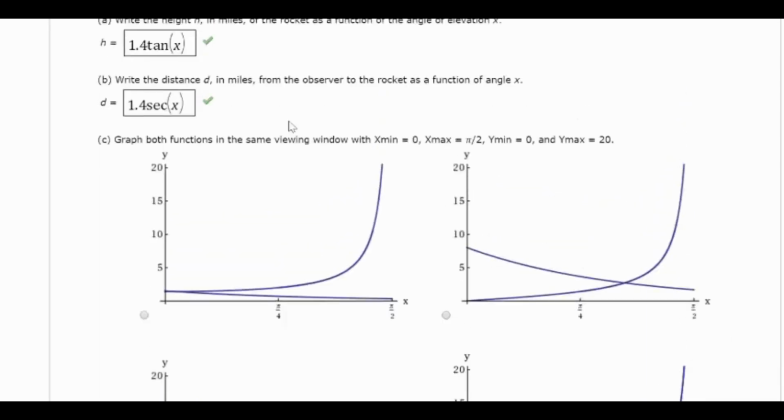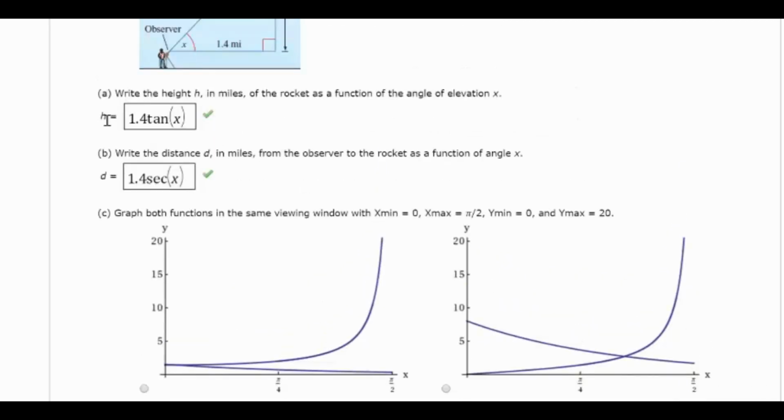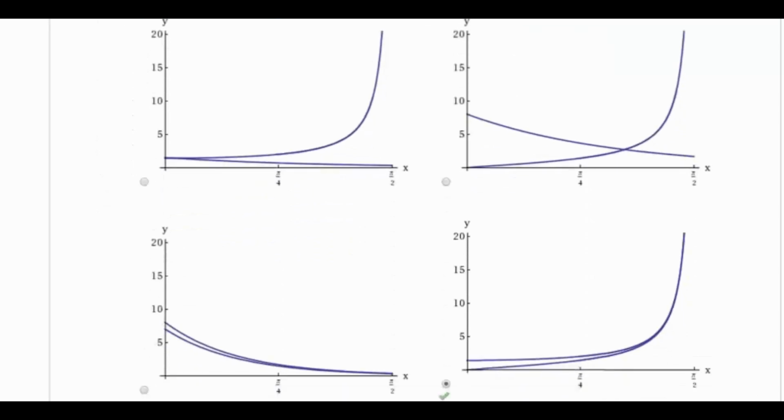I know that the graph of the tangent function that we got in part A, h equals 1.4 tangent of x, goes through 0, 0, which immediately eliminates two of the possibilities. So neither graph goes through 0, 0 in the first possibility or the third possibility. So the answer is either this graph or this graph.